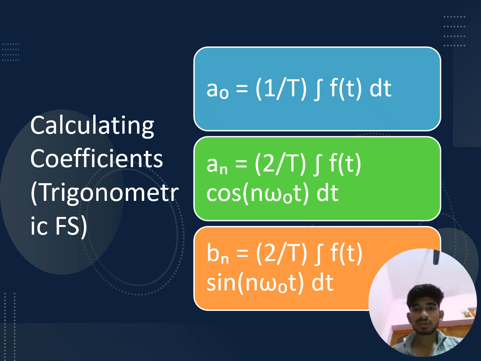Here, a naught is equal to 1 by T integral f of t dt. a n is equal to 2 by T integral from t naught to t naught plus T of f of t cos n omega naught t dt. Here, b n is equal to 2 by T integral from t naught to t naught plus T of f of t sin n omega naught t dt.